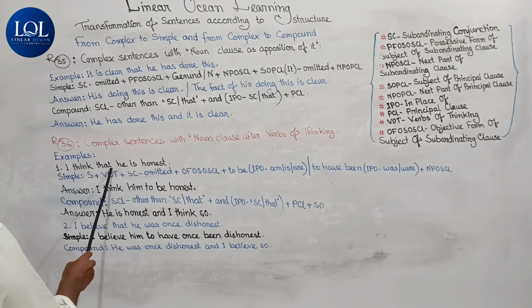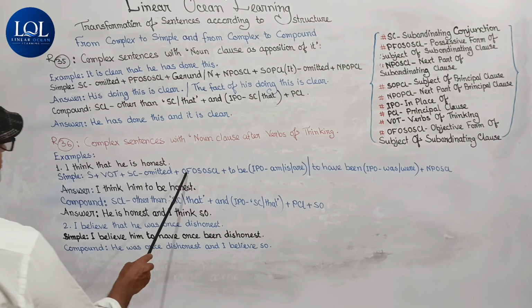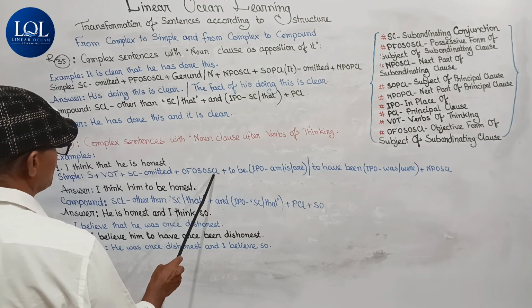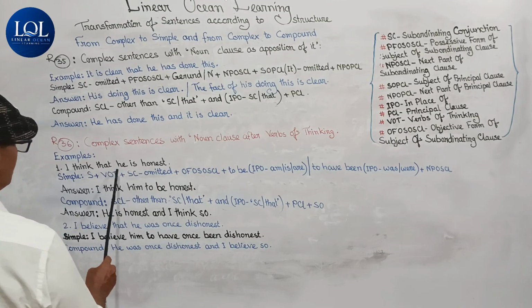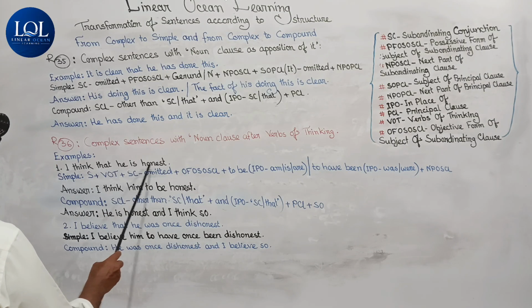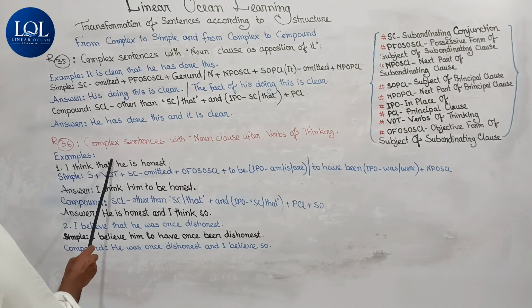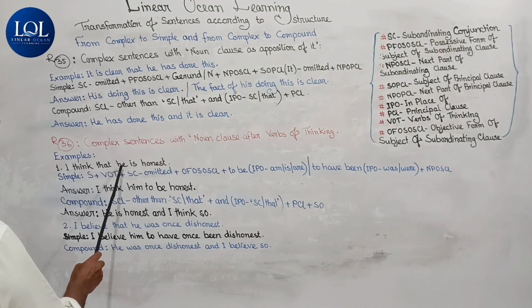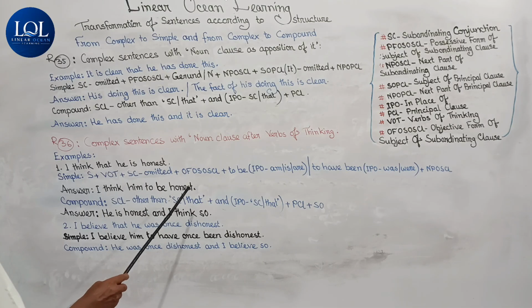Here SC means subordinating conjunction, that is omitted, plus the objective form of the subject of the subordinating clause. Here in this subordinating clause, he is honest, the subject is he, and its objective form is him.